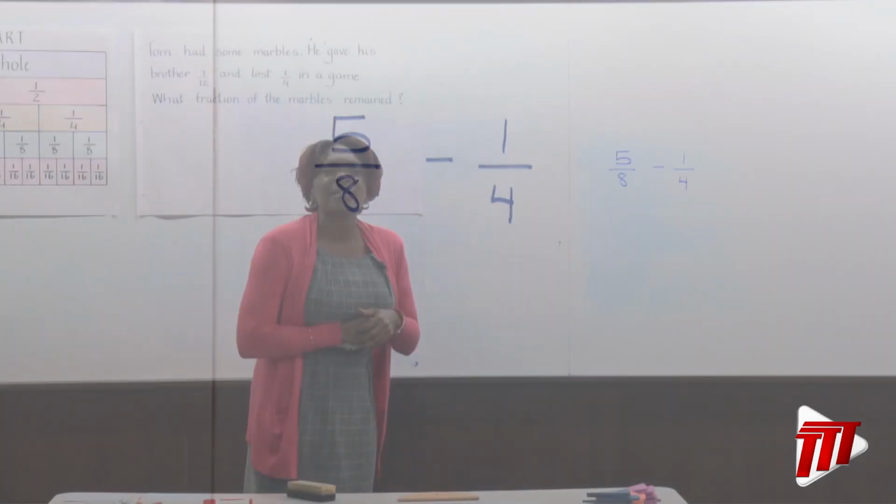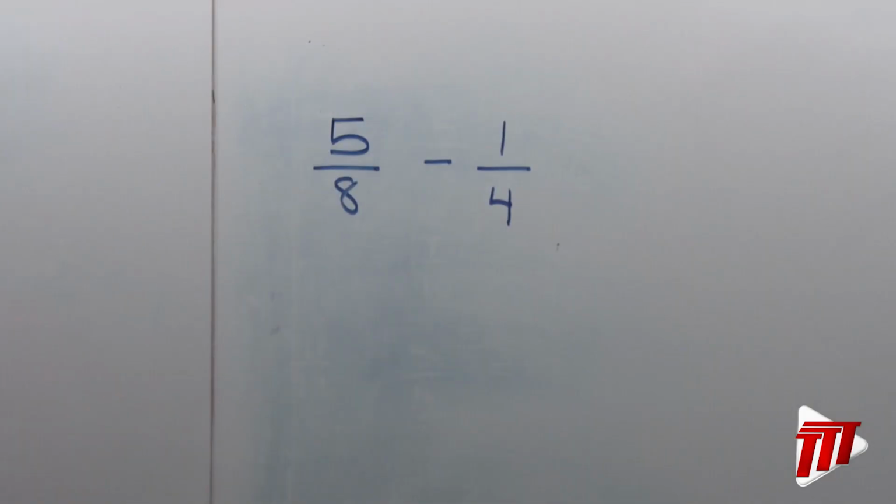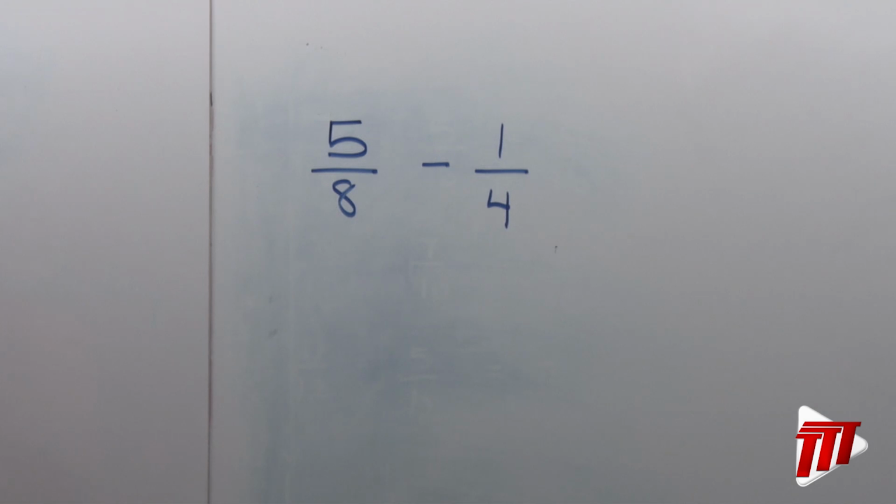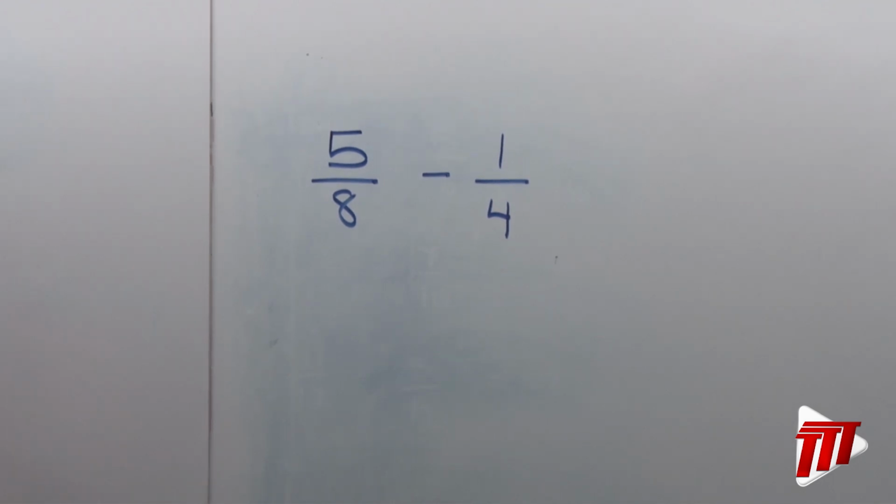Applying the same skills, let's look at it. 5/8, take away 1/4. Are we going to subtract like this? No. What must we do? I'm hearing you. I heard somebody shout it out. Yes, equivalent fractions. Is one a multiple of the other? Yes, it is. And you know what to do. So let's do it together.